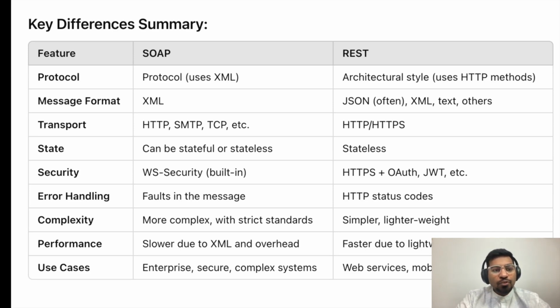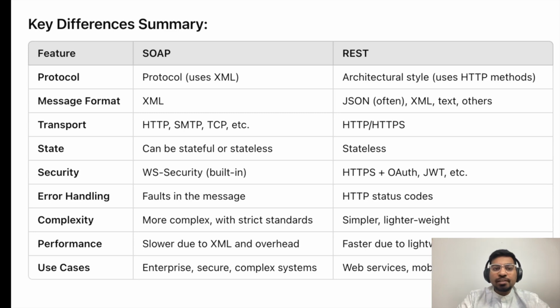Complexity: SOAP is more complex with strict standards, and REST is simpler, lightweight. Performance: SOAP is slow due to XML and overhead, and REST is faster due to lightweight data formats. Use cases: SOAP is for enterprise, secure, complex systems, and REST is used for web services, mobile and cloud applications.